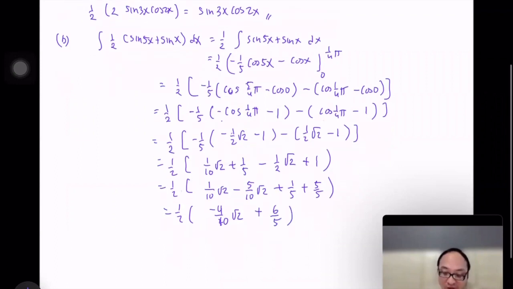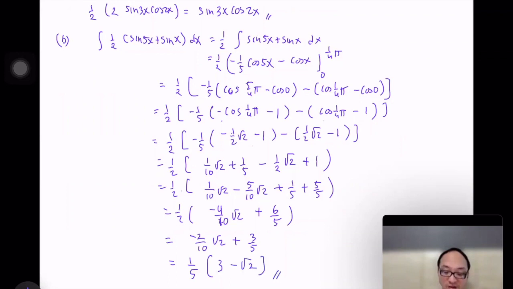So if I multiply it by half, it becomes negative 2 over 10 square root 2 plus 3 over 5. So I put the 1 over 5 out, and then I have 3 minus square root 2. Proven.